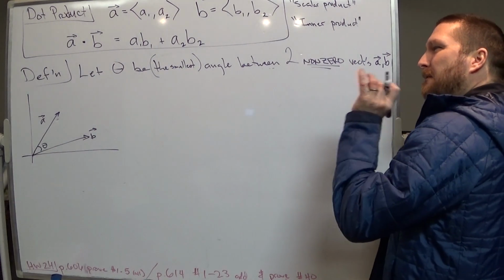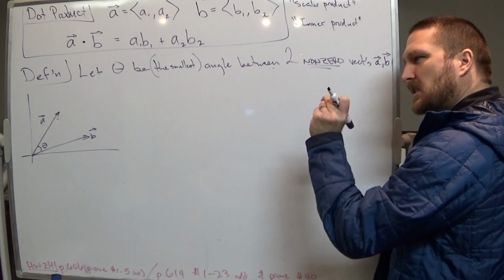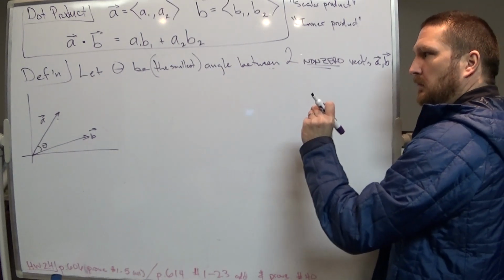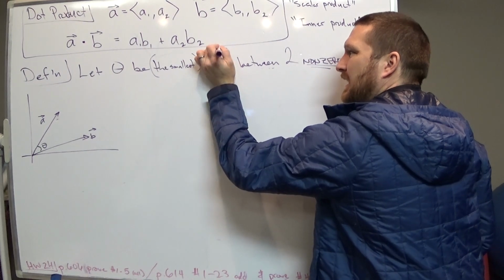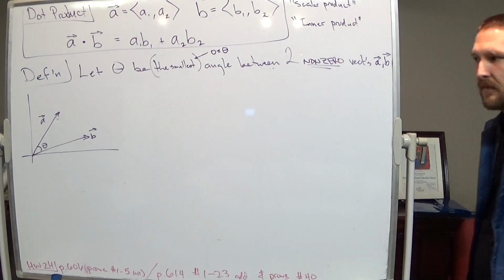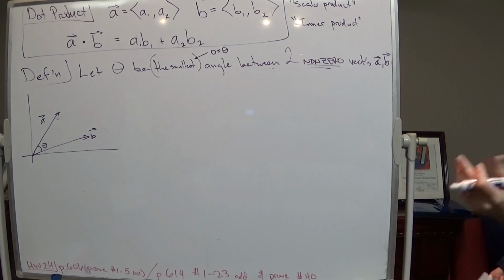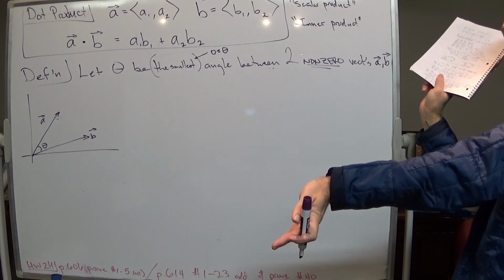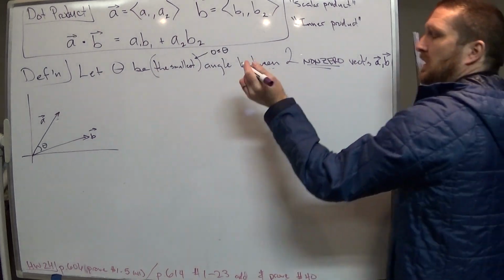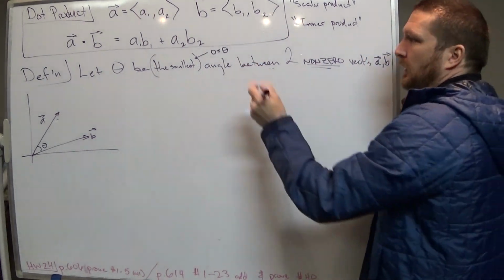At the very smallest, theta could be 0, if they're both pointing in the same direction, obviously. And if they're pointing in exactly opposite directions, then you get pi, or 180.